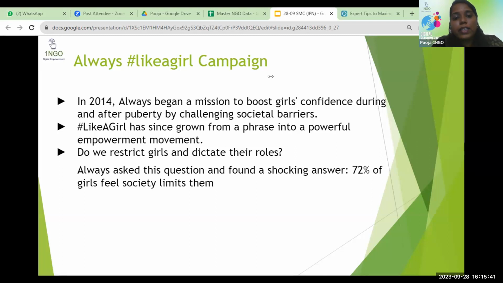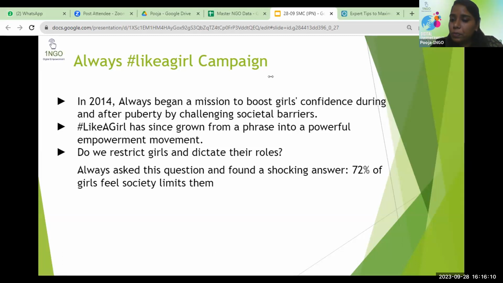But in 2014, because of this hashtag, the powerful emojis came into the picture. Otherwise, they were portrayed as playing princess, getting nails done, or dancing in bunny ears. Those were the emojis in 2014, but after this hashtag, powerful emojis were portrayed on mobile phones and social media platforms.